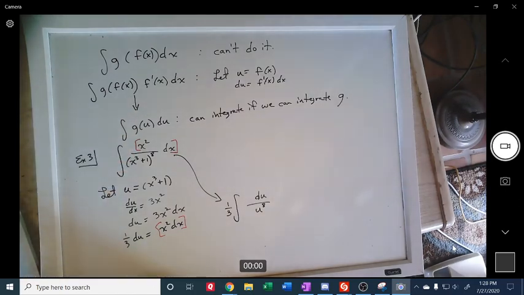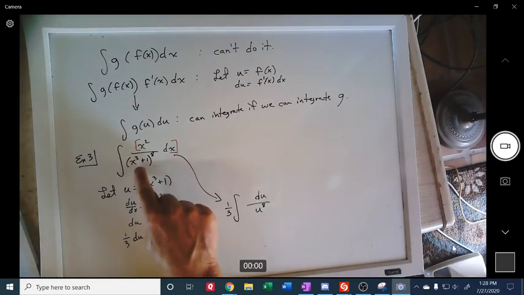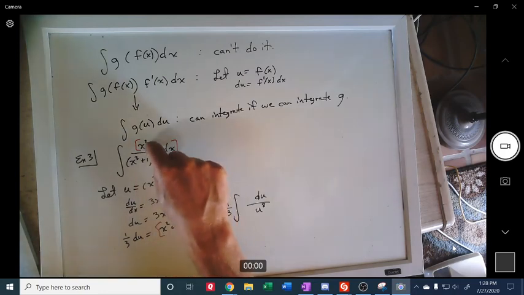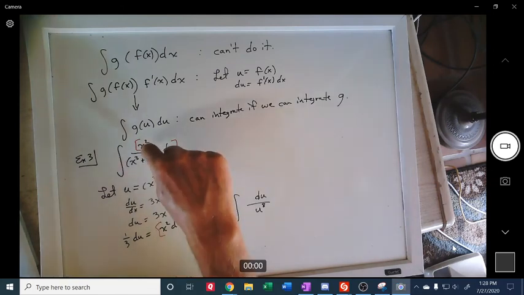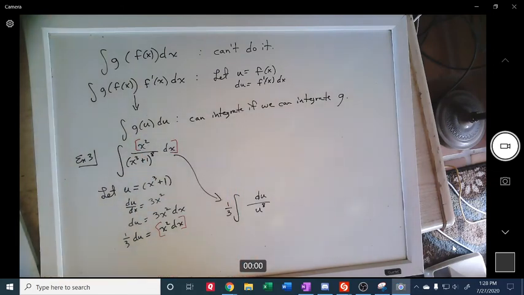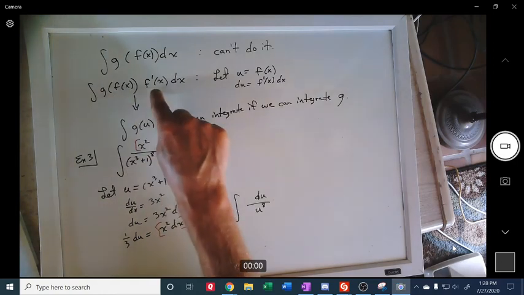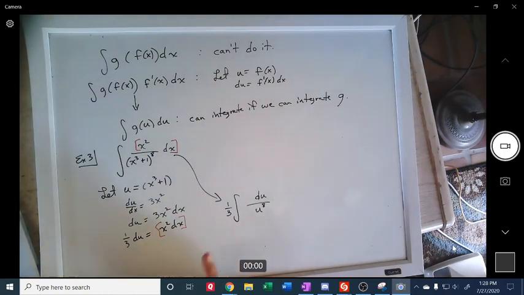And notice I see this function of x is 1 degree higher than this function of x. So the derivative of this one is going to give me this one right here. That's got to be the relationship here for this to work.